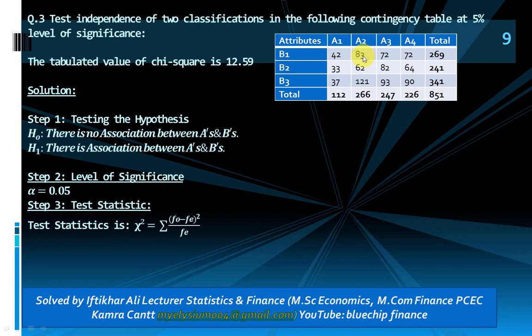Similarly, for 83, row total multiplied by column total divided by subtotal. For 72, row total 269 multiplied by column total 247 divided by subtotal 851, and so on.